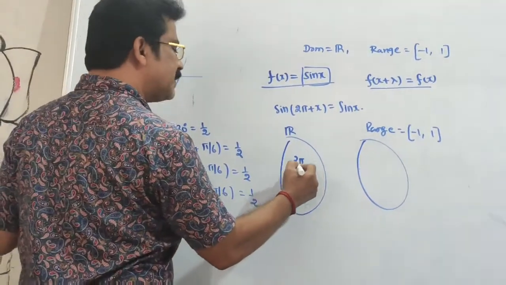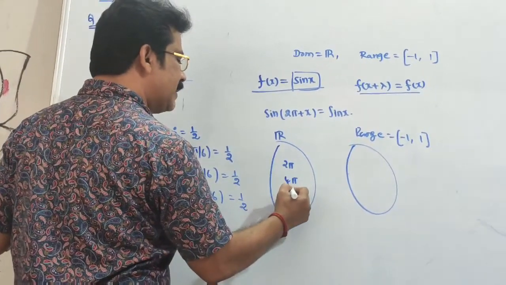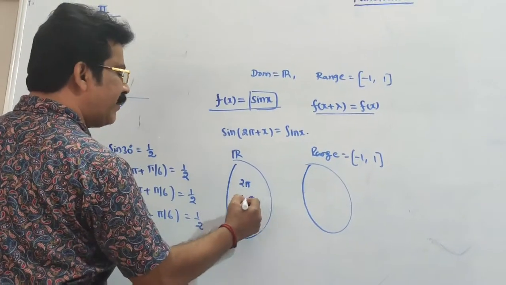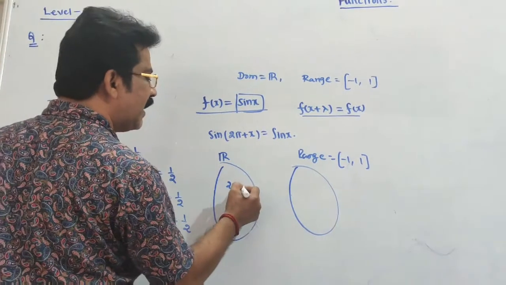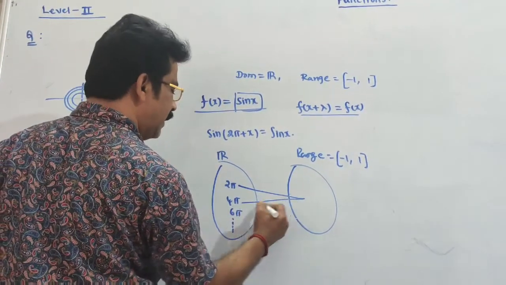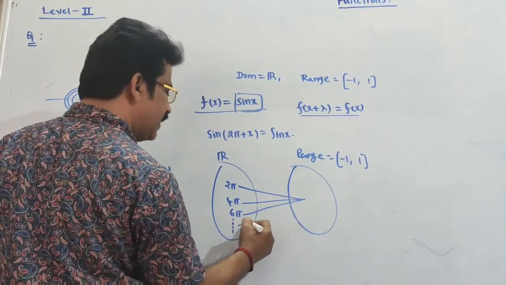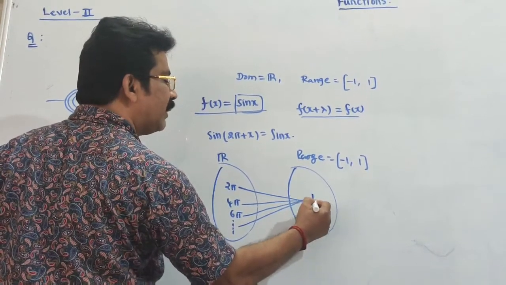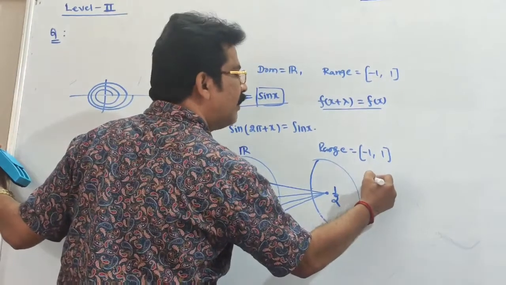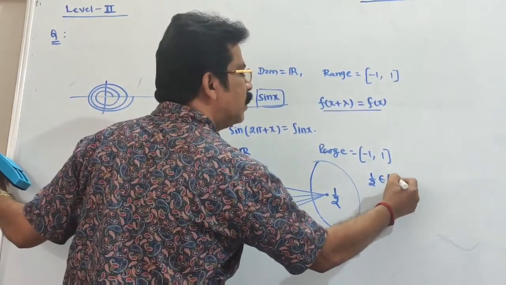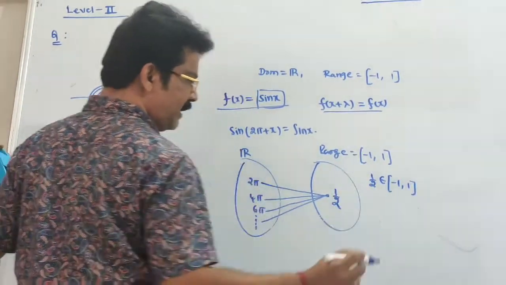So these infinite numbers are mapped to only one element, 1 by 2. Remember, this 1 by 2 belongs to the closed interval of -1 comma 1.